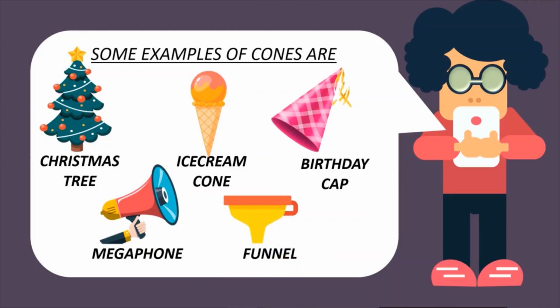Now you are very familiar with a birthday cap and an ice cream cone. So you may pick any one of these and see the number of edges, vertex and faces a cone has.